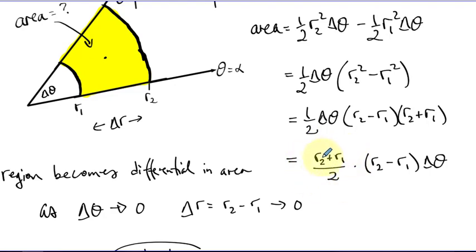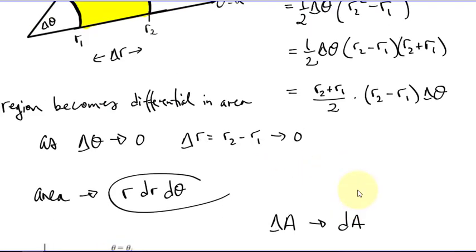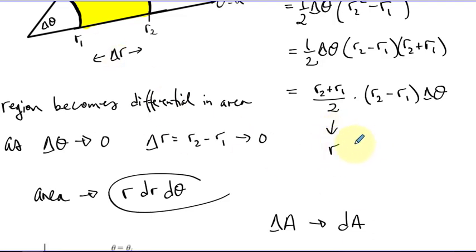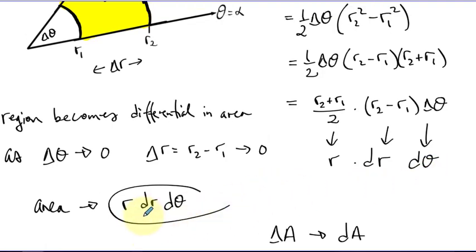And so this approaches just a single point that we could rename as just r. So this differential amount of area becomes r, this becomes dr, and this becomes d theta in this limit of smaller and smaller changes in area that approach a differential in area. So the area, in polar form, is becoming this product of three different factors.